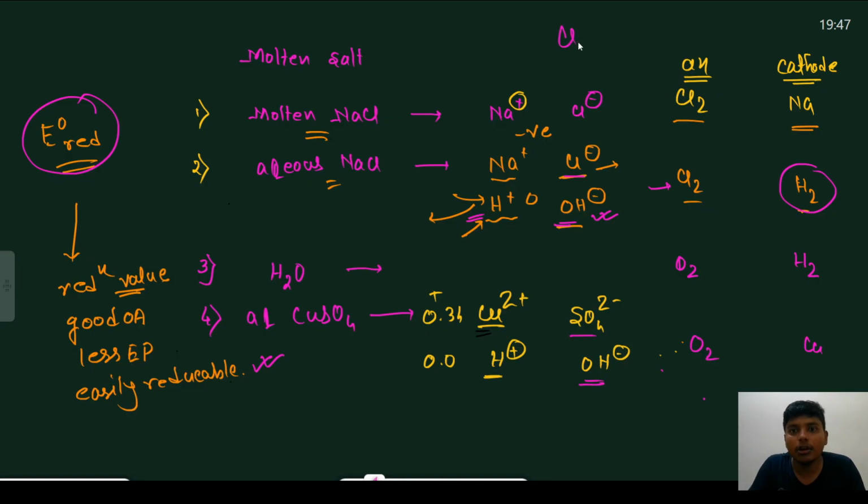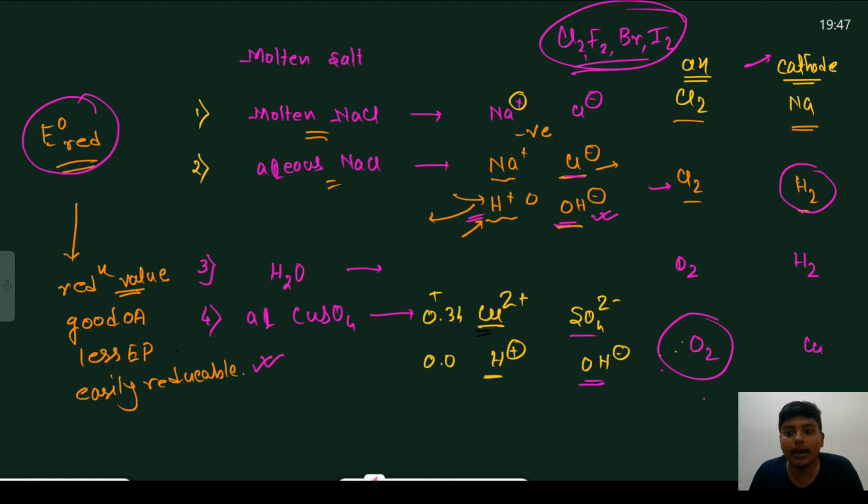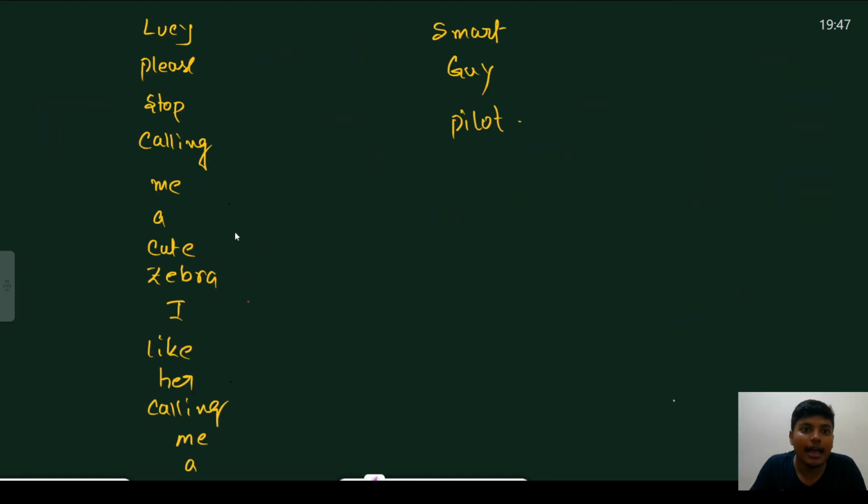Just remember, at the anode, if chlorine, fluorine, bromine, or iodine are there, they will deposit. Otherwise, oxygen will deposit. At the cathode, you have to check: if the metal is above hydrogen, hydrogen will deposit. If the metal is below hydrogen, that metal will deposit.